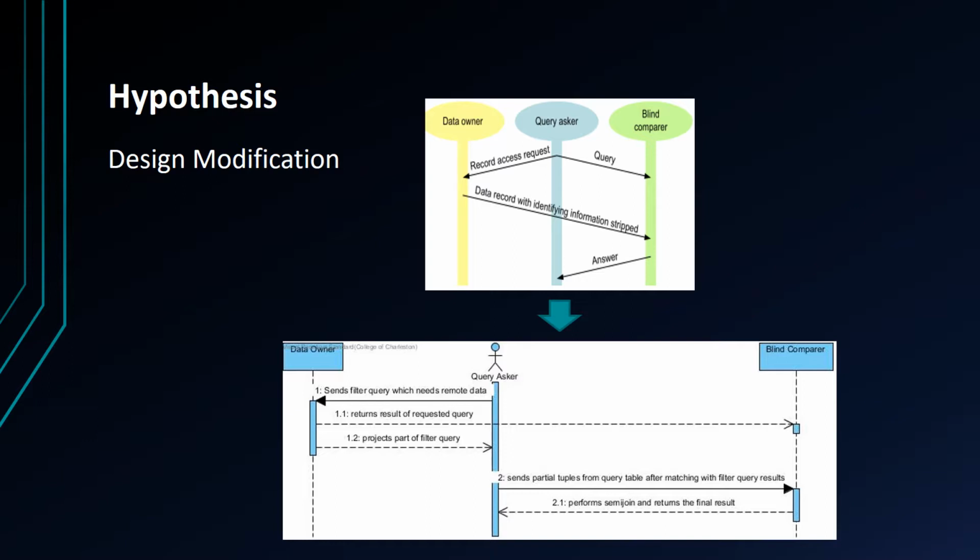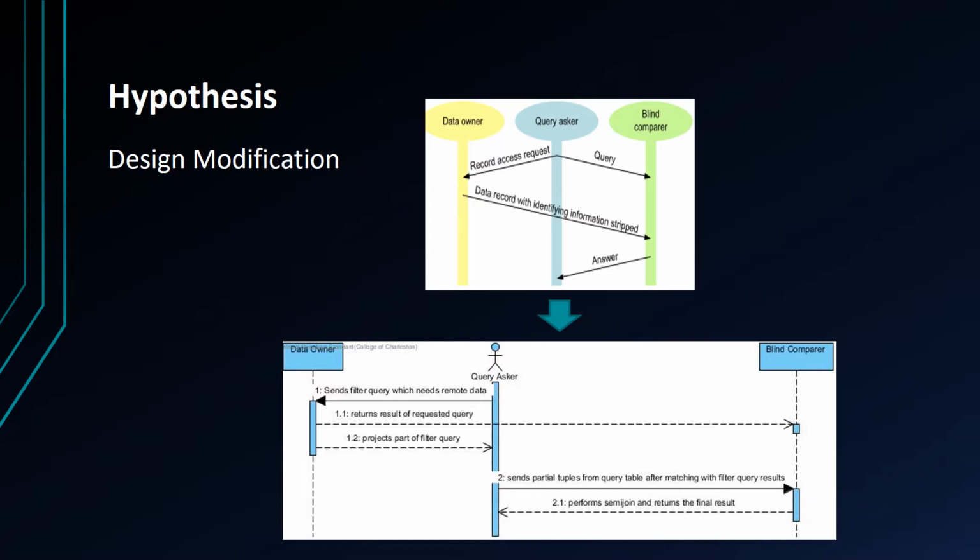It's not a request, but a query table. It's a result of a cross join of two tables, and it then sends it to the blind comparer. Once the data owner sees that the query asker has enough authorization to request such a record, it sends the query result to the blind comparer.